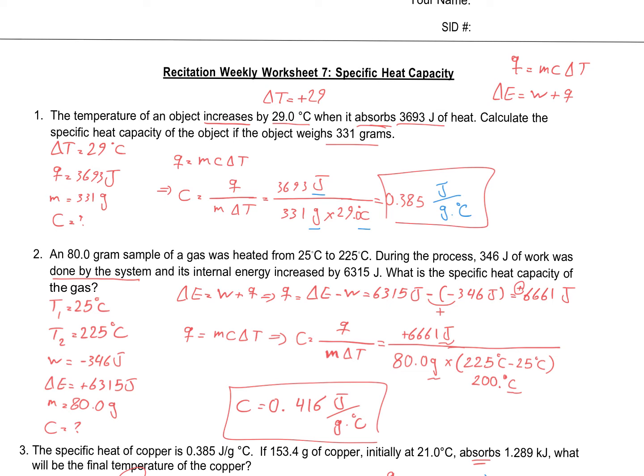So we have the mass, we have the Q, and we have delta T. We are trying to solve for C, or C sub S, the specific heat capacity. So we have Q = mcΔT, and solving for C, we get Q over mΔT. And we have all the information.